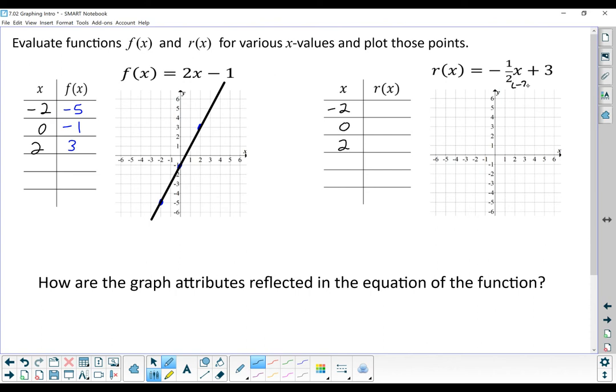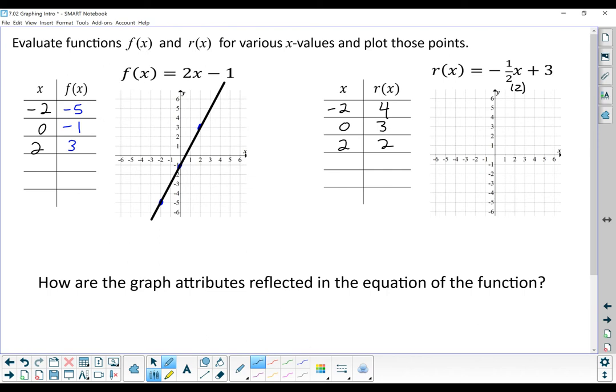If I sub in a negative 2 here, that's going to be negative 1/2 times negative 2 is 1, plus 3 is 4. If I sub in 0, that's negative 1/2 times 0 plus 3, so that's 3. And if I sub in a positive 2, this is negative 1 plus 3, that's 2.